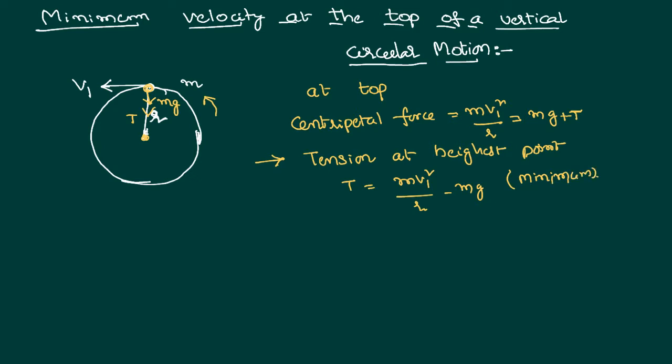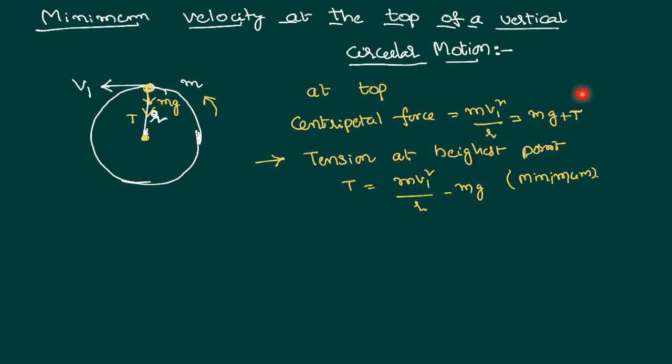But if we look at the equation for the centripetal force, m v1 square by r equal to mg plus tension. If we want the centripetal force to be minimum, its RHS also has to be minimum. How can we make the RHS minimum? Every body will obviously have some weight, we cannot avoid it.